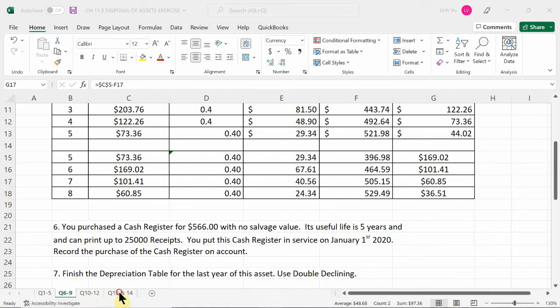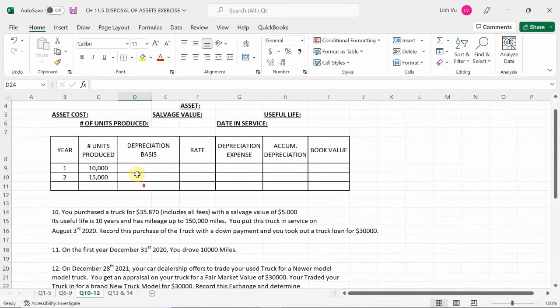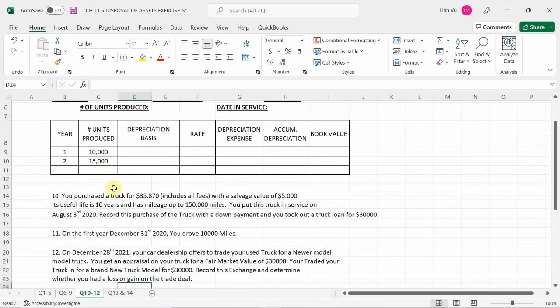All right. So, next set of questions. Questions number 10 through 12 here. So, let's see what happened here. Okay. Number 10. You decide to purchase a truck for $35,870, which includes all of the fees, with a salvage value of $5,000.